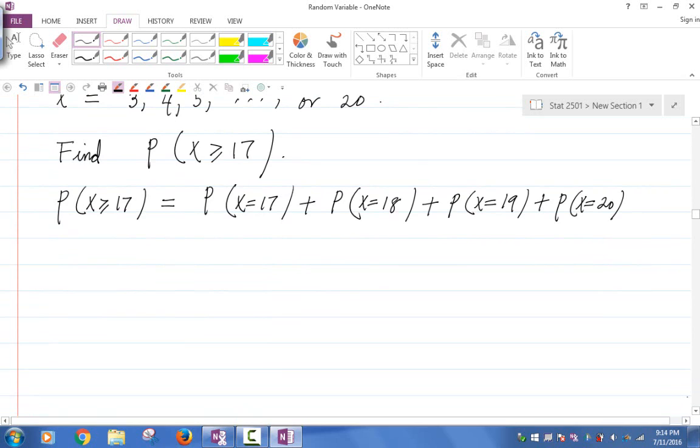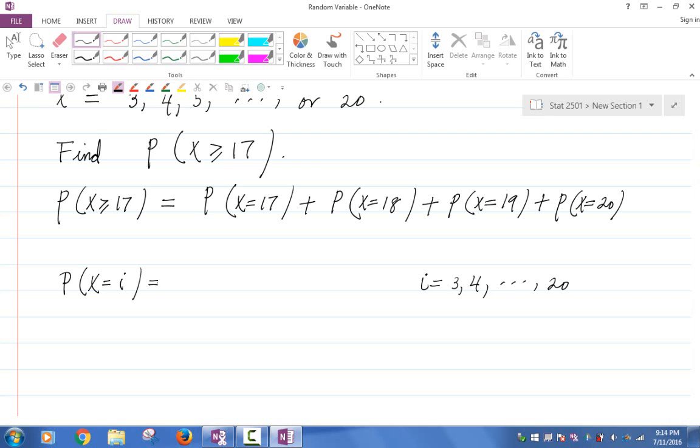Before that, I'm going to find a formula for the probability that X is equal to I. Here I is any number between 3 and 20. So what's the probability that X is I? That means, remember, we have 20 numbers, 1 up to 20, and we are picking 3 numbers, and X is the largest number picked. What's the probability that the largest number picked is I? That's the question.